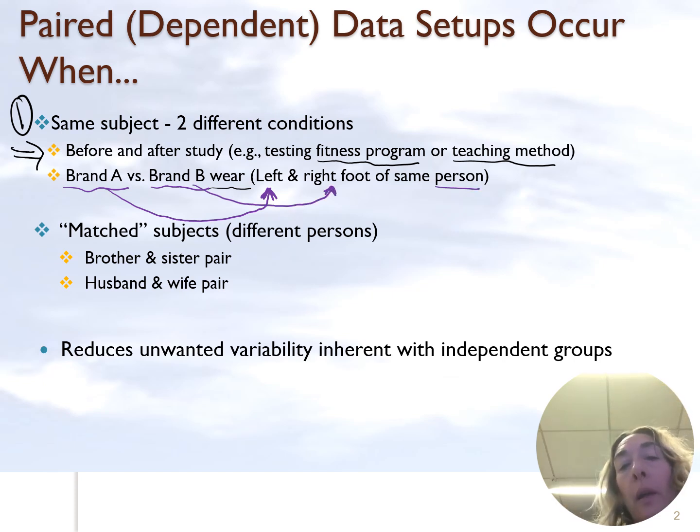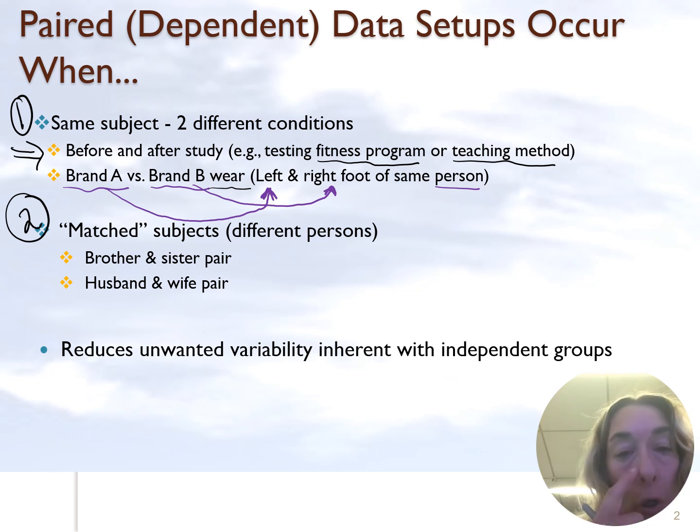The benefit in doing that is that the same person is going to treat both of those brands the same in terms of how much they walk or how they walk, to more fairly assess the wear for each brand.